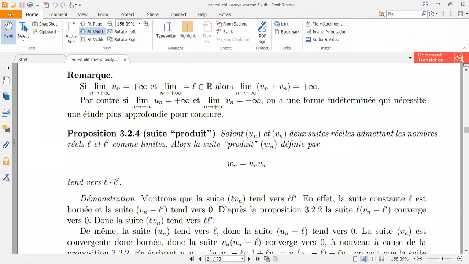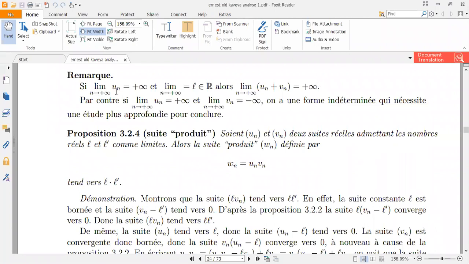We know where this L is coming from: when we were looking at Un, normally an L is going to appear. Then it says the limit as n approaches infinity of the addition of the suites Un plus Vn is going to be equal to positive infinity.